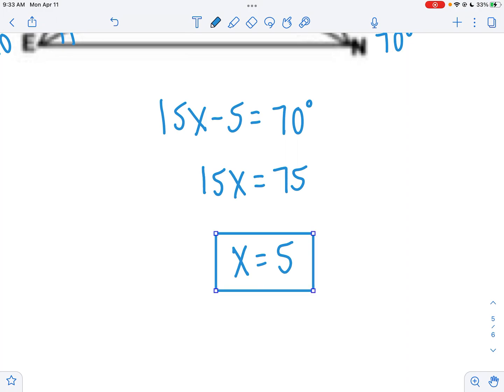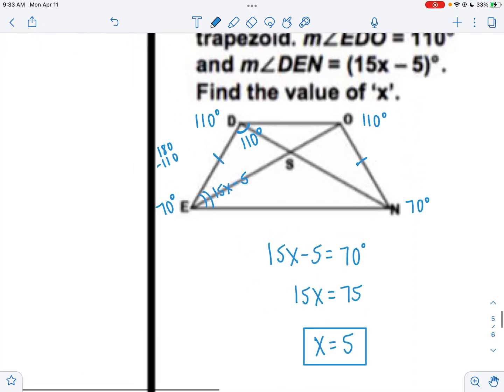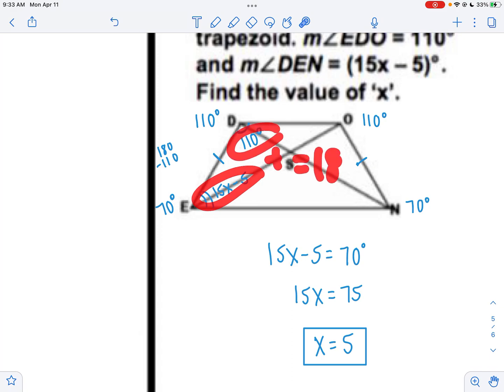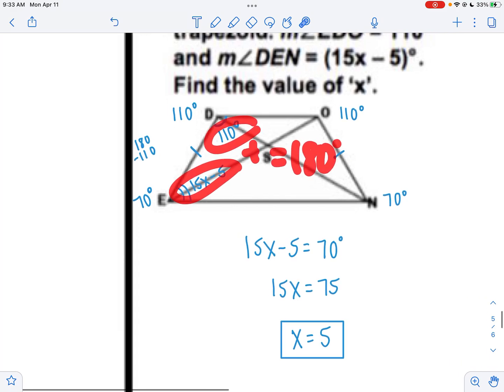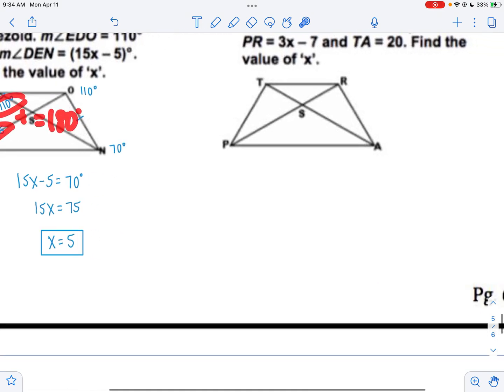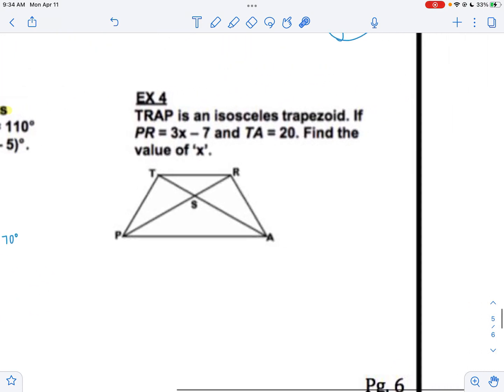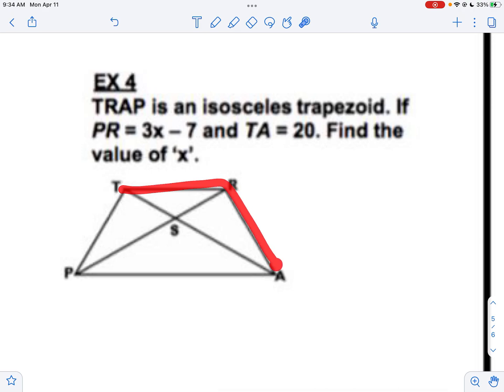And that's it. I would have gotten the same answer if I had done this plus this equals 180. So I would have still gotten that x was 5, even if I used the leg rule and added to 180. And then taking a look at our last trapezoid, it says TRAP is an isosceles trapezoid. So it's symmetrical. That means if I know angle T, I know angle R. I'm just making up numbers.